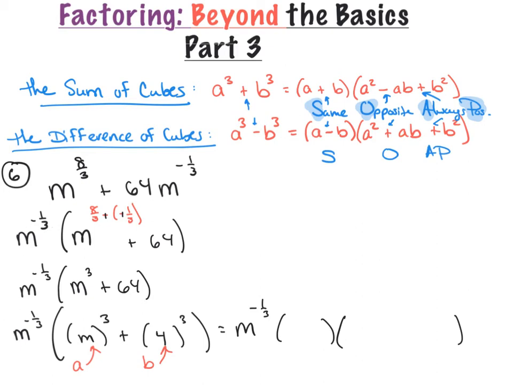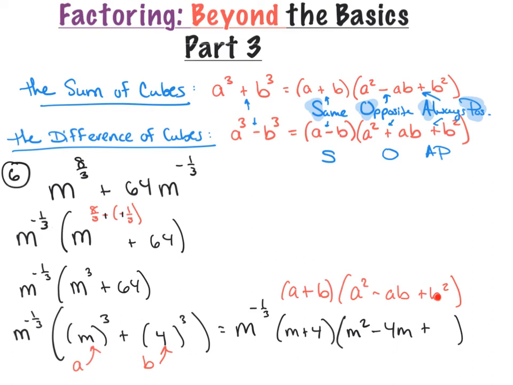Then we have, okay, this was the sum of 2 cubes, so a plus b times a squared minus ab plus b squared. So looking back at the work we did over here, a is m and b is 4. So a plus b is m plus 4. A squared is m squared minus, multiply them together, a times b, m times 4 is 4m.